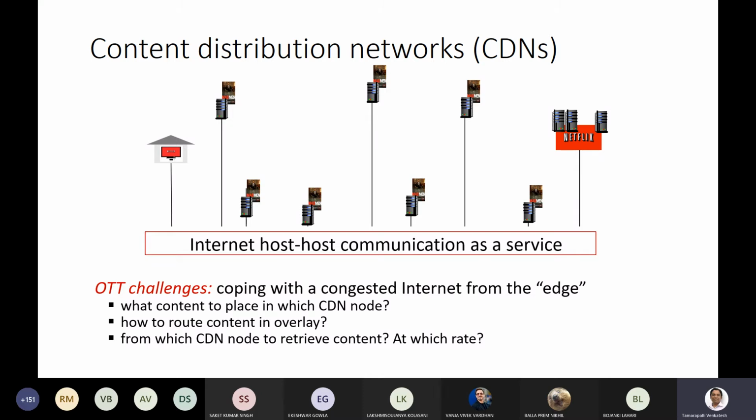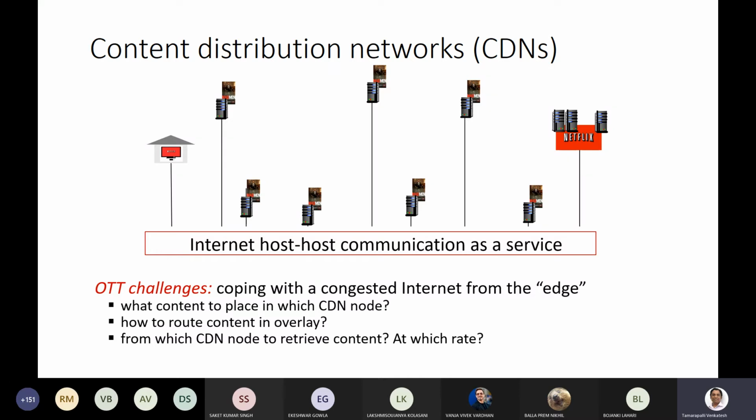Of course, there is also the issue of cache coherence because these are all mirrors. So you need to have consistent information across these mirrors. If it's static, then it's not a big issue. But if you have dynamically varying content, then CDNs also have to take care of a consistent update mechanism for data across these CDN nodes.